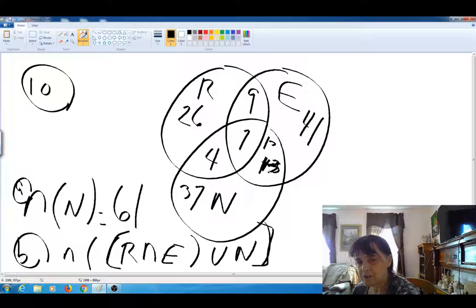This right here is 13. Okay, R intersect E union N: 9 plus 7 plus 13 plus 4 plus 37 is 70.